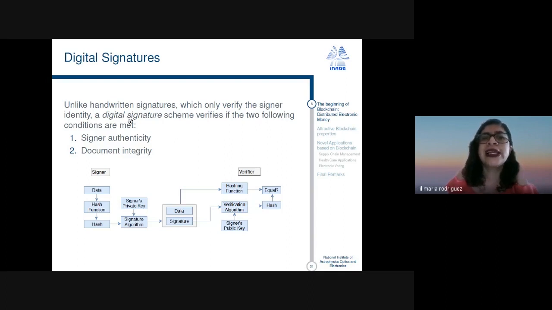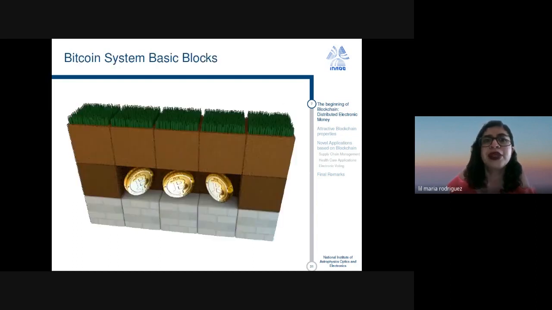As you can see, digital signatures are stronger than handwritten signatures, because usually when we stamp our signature, only signer authenticity is checked in handwriting, but not the document integrity. So these schemes are nice.